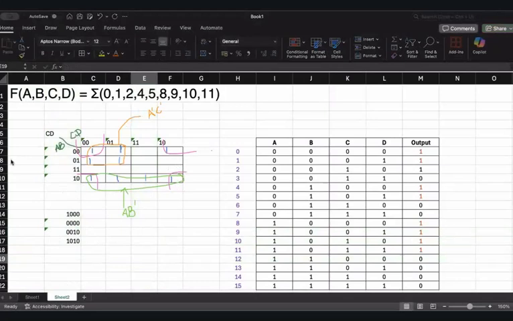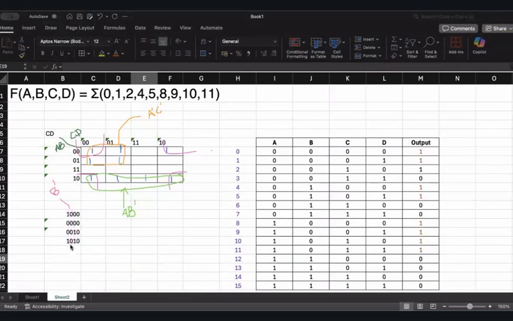Just carefully check all the values, right? For the magenta group, check the values. A, is it changing? Yes. So you don't take that. B, is it changing? No. And what is the value? It's 0, so it is going to be B bar. C, changing.